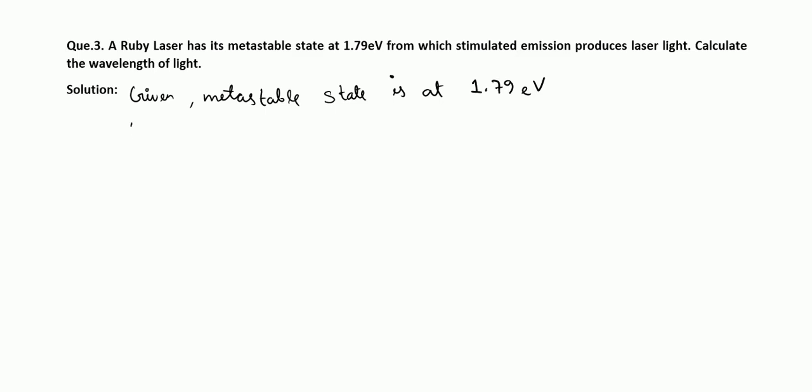Which means the difference in energy levels, which is given by E2 minus E1, right? The difference is 1.79 electron volt.